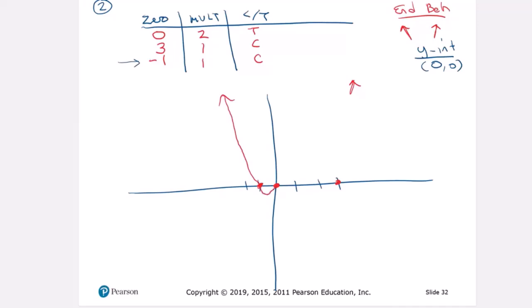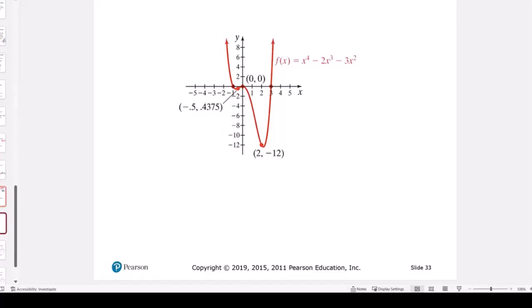It's going to come down, but then real quick, it's got to come back up. At 0, can't cross there. I can only touch there. When I get there, I come back down. Then I go back up. Again, I don't know how low to go. And then my last one is at 3, which means it crosses. And there's the sketch of the graph. Here's what it actually looks like.